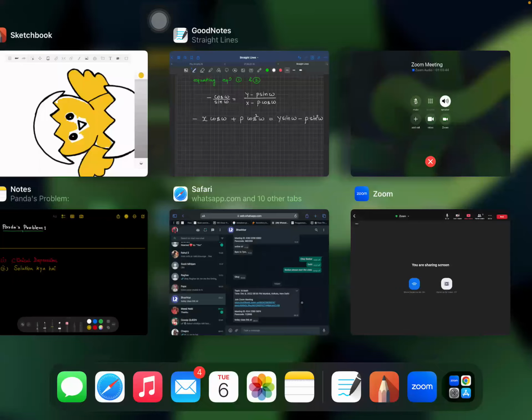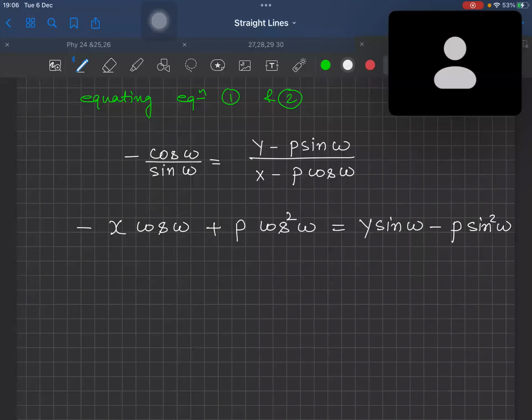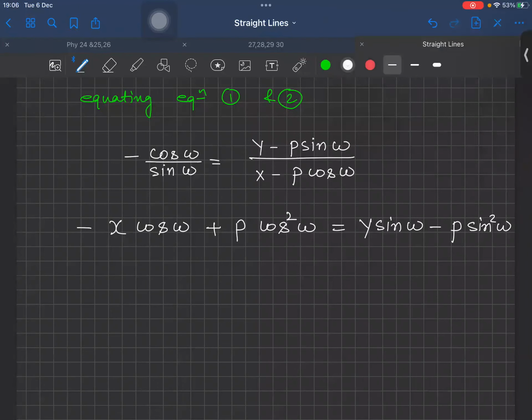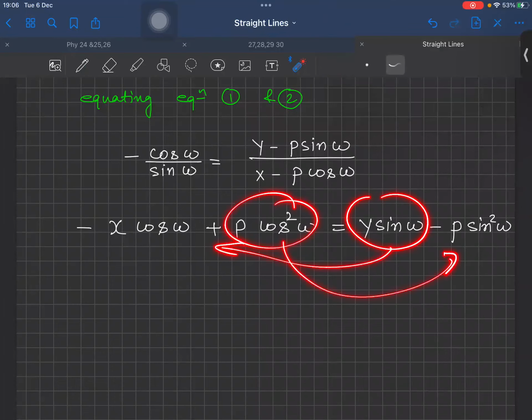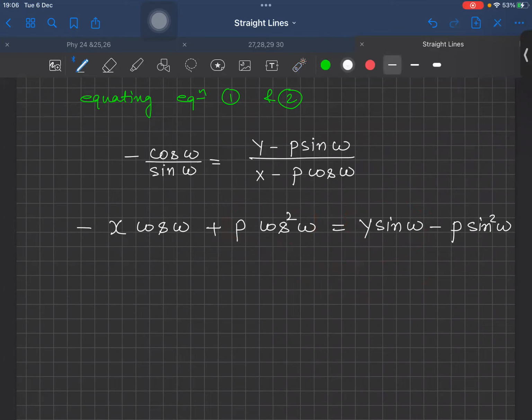Got it? Got the equation? Anyone, please tell me. So what we can write, just rearrange it, that's it. You can take this y to this side and this term to this side. So what we can write, minus x cos omega minus y sin omega is equal to minus p sin square omega minus p cos square omega.